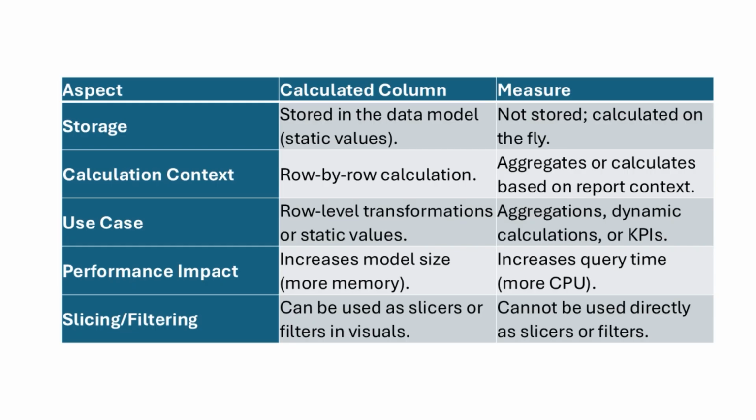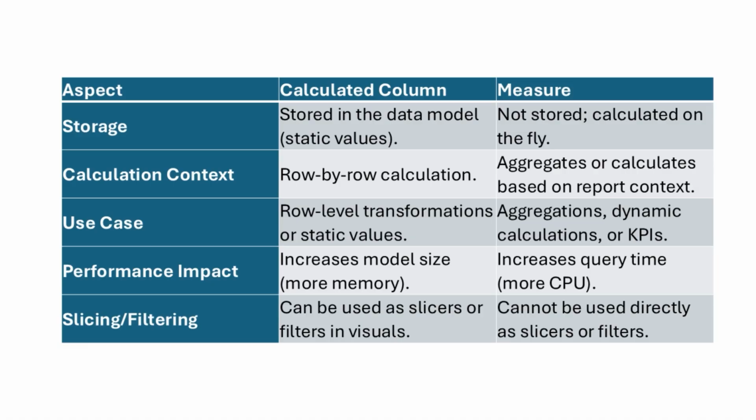Here are the summarized differences between calculated columns and measures. Storage. Calculated columns are stored in the data model, static values. Measures are not stored, calculated on the fly. Calculation context. Calculated columns are calculated row by row. Measures aggregate or calculate based on report context. Use case. Calculated columns do row-level transformations or static values.